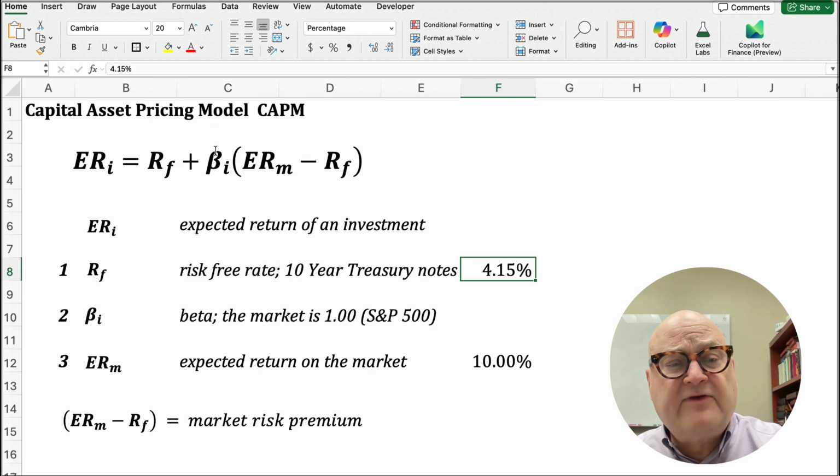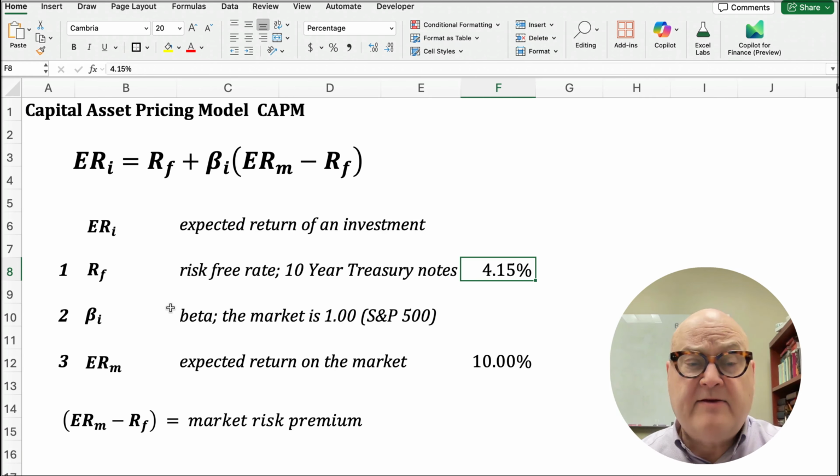Now, the thing that looks like a B, well, that's a Greek letter beta, and beta of I is the beta on an investment. So if we look at a particular investment like Apple stock, we will in just a minute, we would figure out what's the beta on that stock versus the market.